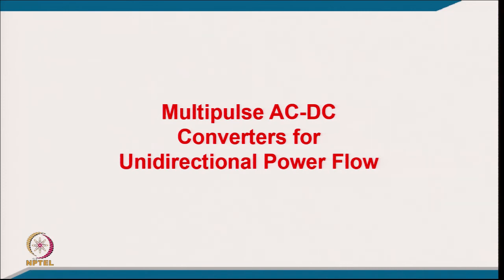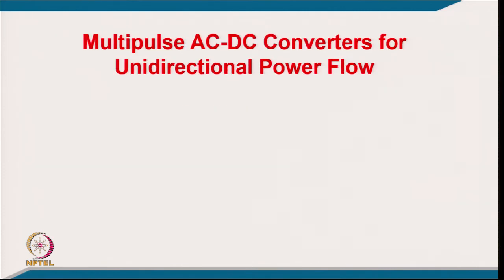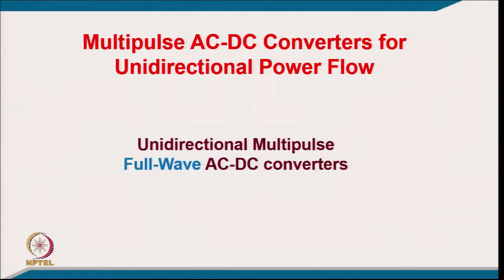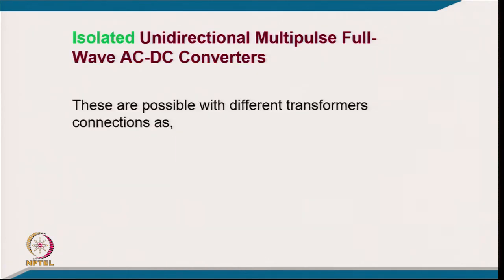Now, coming to the first category of multipulse AC DC converter for unidirectional power flow, we classified it as unidirectional multipulse full wave AC DC converter, and in many applications we prefer to have them isolated, unidirectional full wave.